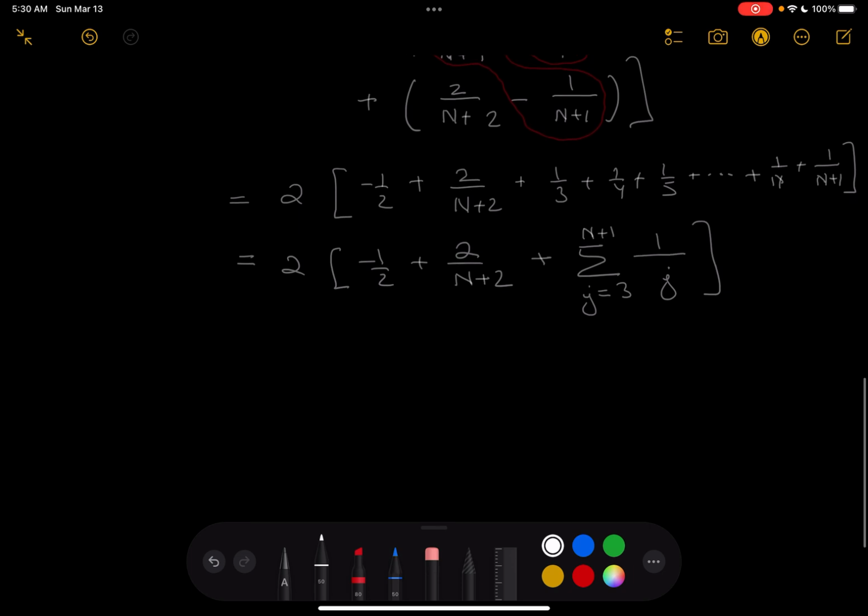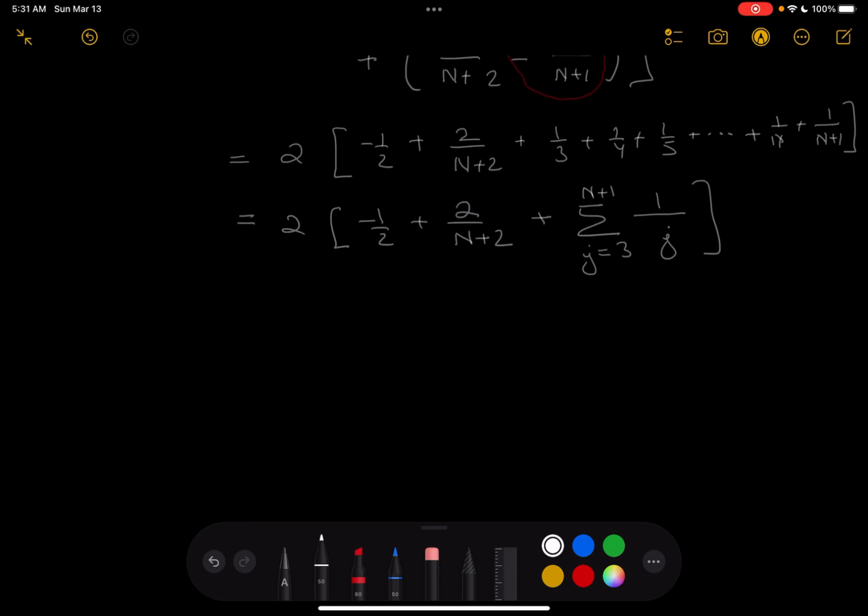All right, what I'm going to do is multiply by 2 now, and I'll write this down for you. S_n is equal to minus 1 plus 4 over n plus 2 plus 2 times the sum, j equals 3 to n plus 1, of 1 over j.